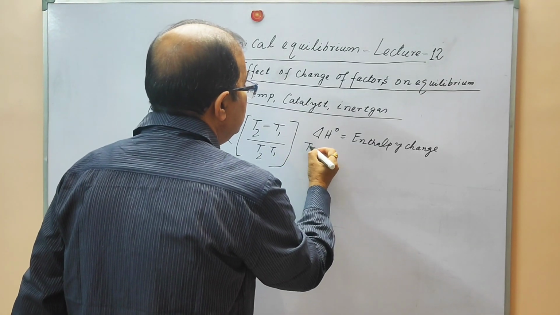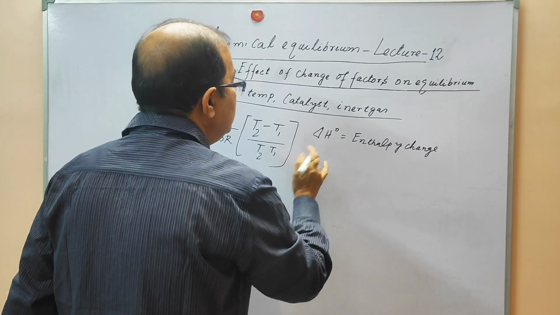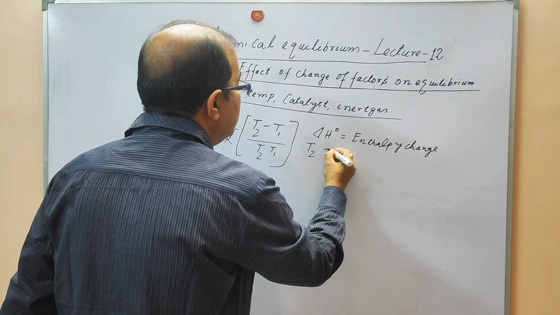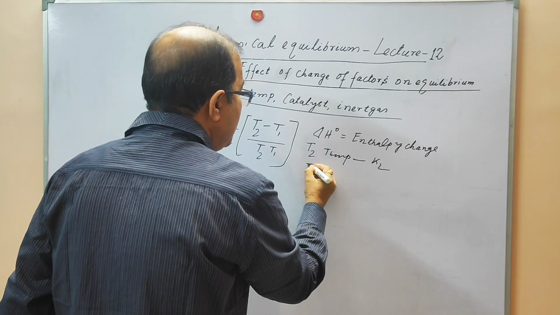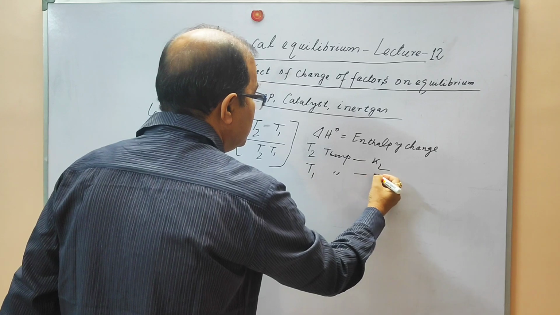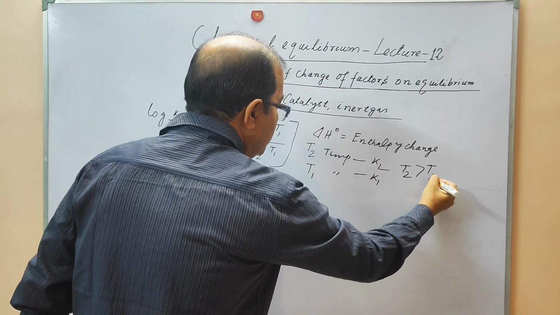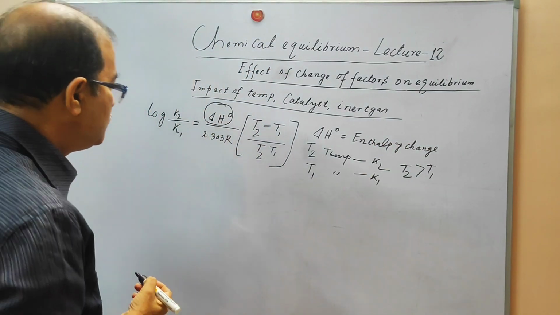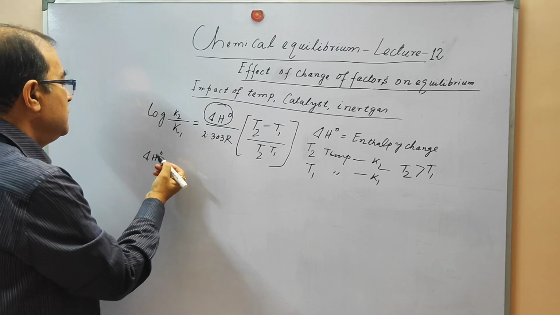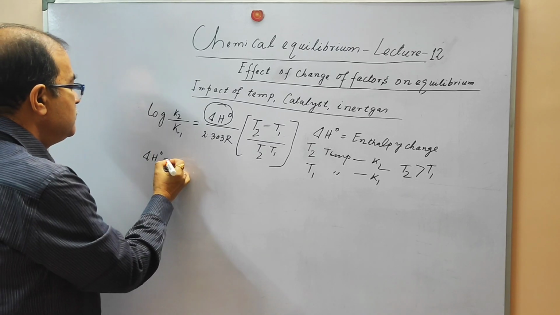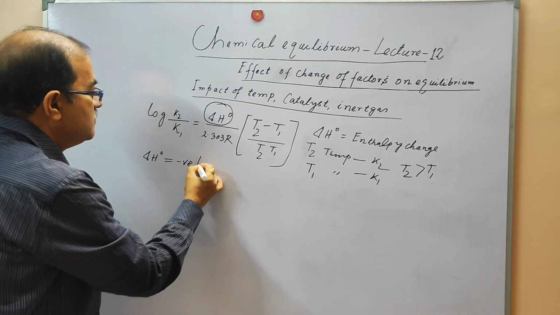Here you can see at T2 temperature the equilibrium constant is K2, and at T1 temperature the equilibrium constant is K1, where T2 is greater than T1. So what is going to happen when ΔH is negative, meaning the reaction is exothermic?